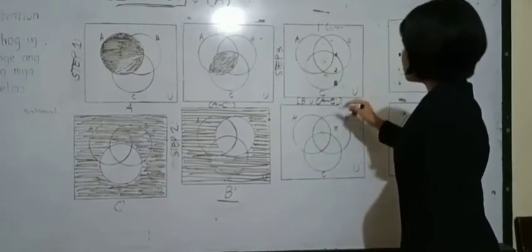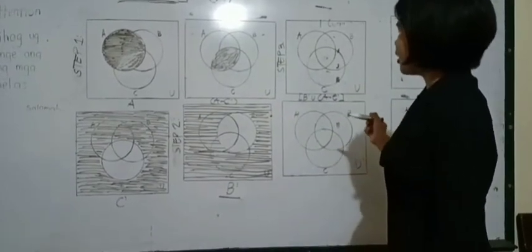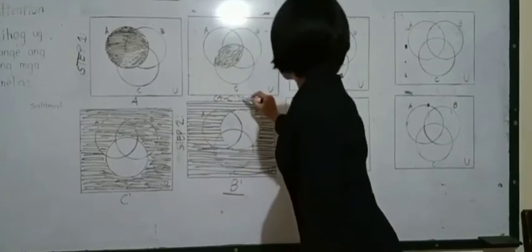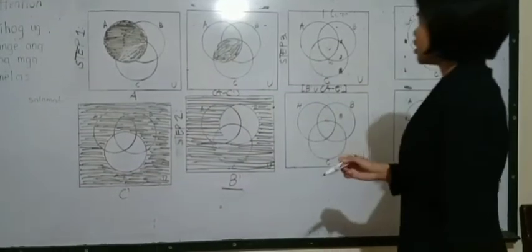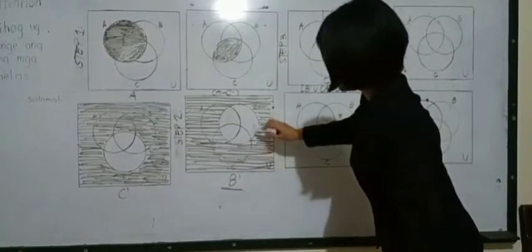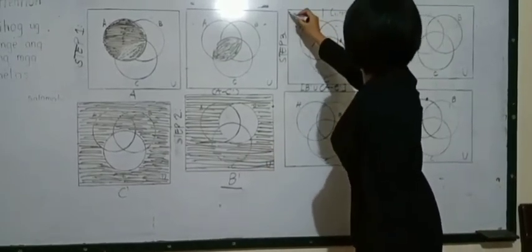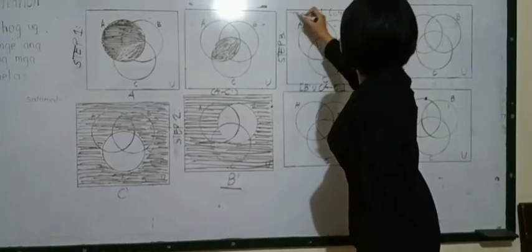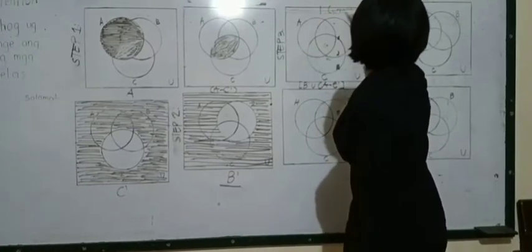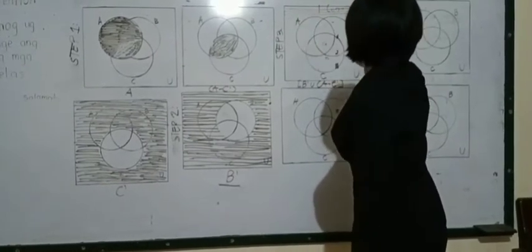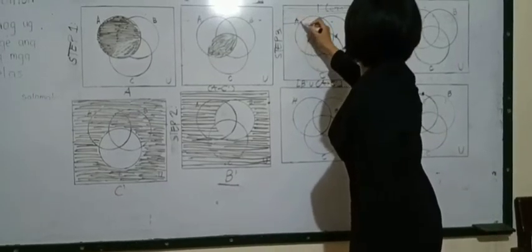We are going to unite or mix it with the shaded sets of A minus C prime. So, take a look at the B prime. This is the shaded area of B prime.